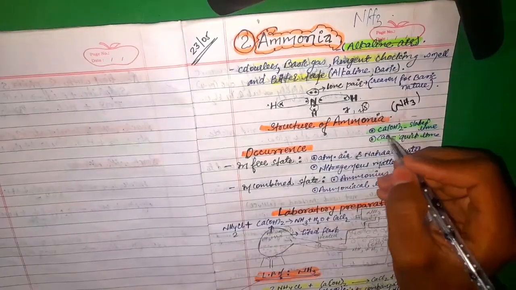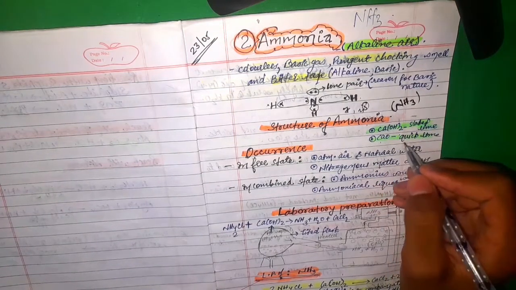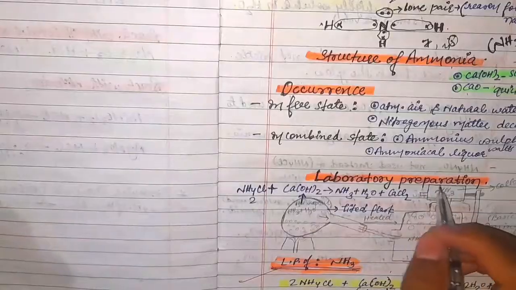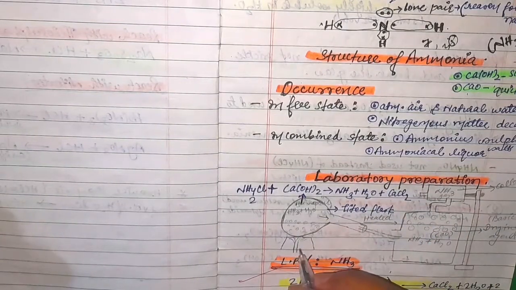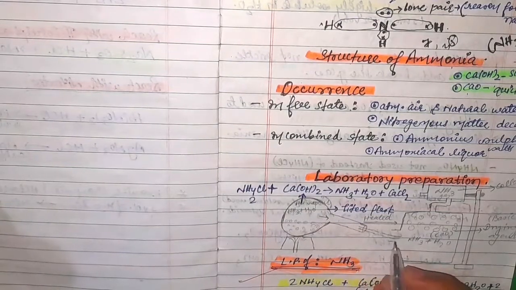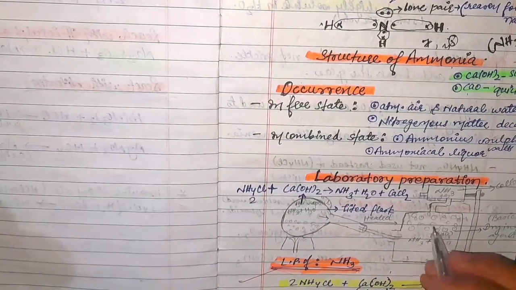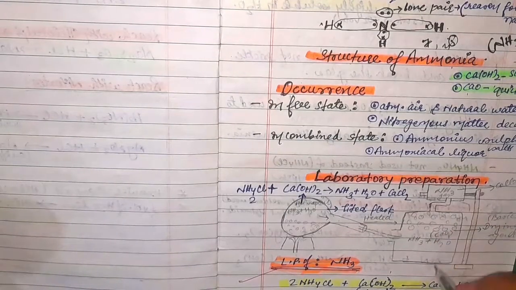And now this is calcium hydroxide, known as slaked lime, and calcium oxide, that is quick lime. Laboratory preparation: the setup is like this. Here is the Bunsen burner, and then a tilted flask is connected with a tube to another chamber, and then the chamber is again connected with the collecting chamber, and here is a stand which holds these in place.